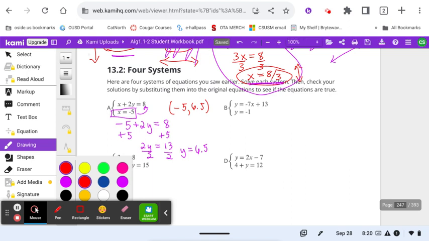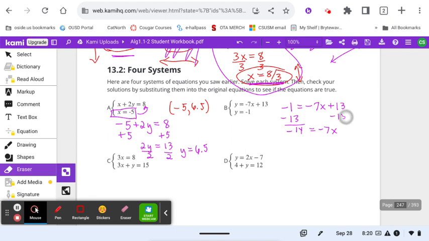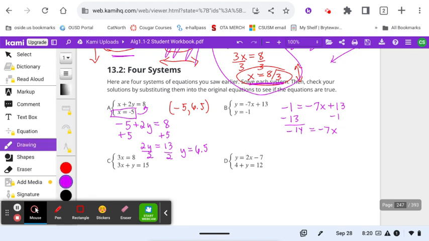Let's see how you do trying it again. All right, we're getting that x is equal to 2.